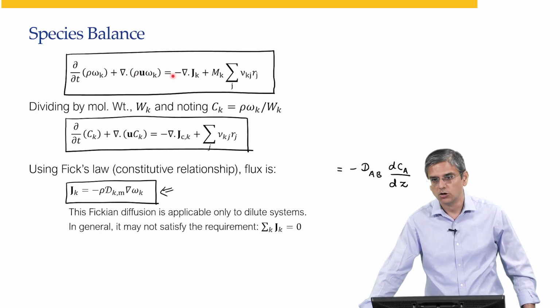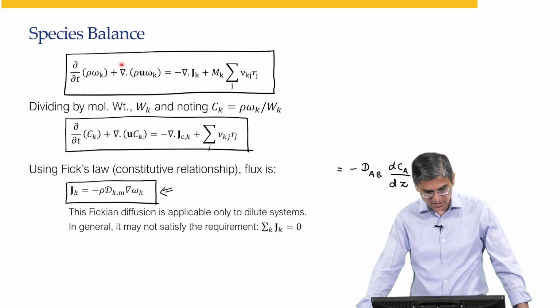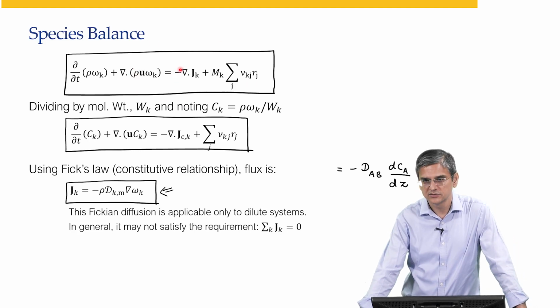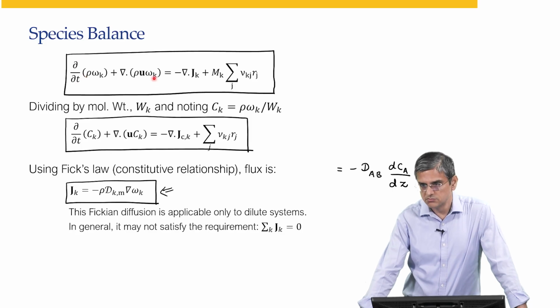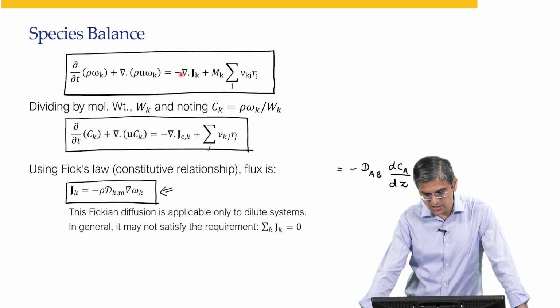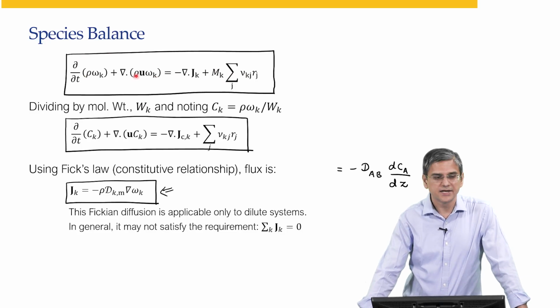So PFR is a special case of the species balance equation. CSTR also is a special case of the species balance equation. This term is not there, this term is not there because everything is well mixed, and there is a reaction term, but this term gets replaced by in minus out boundary conditions.